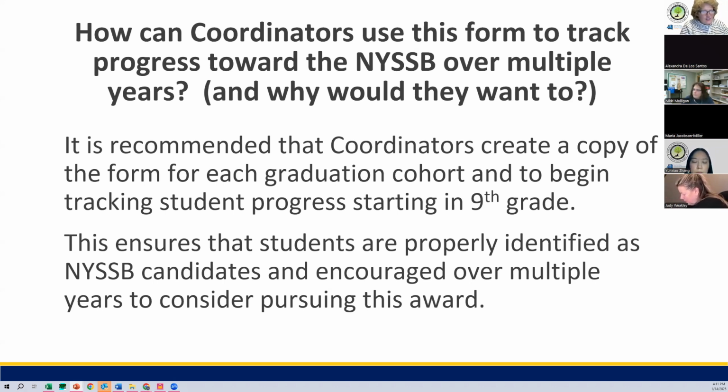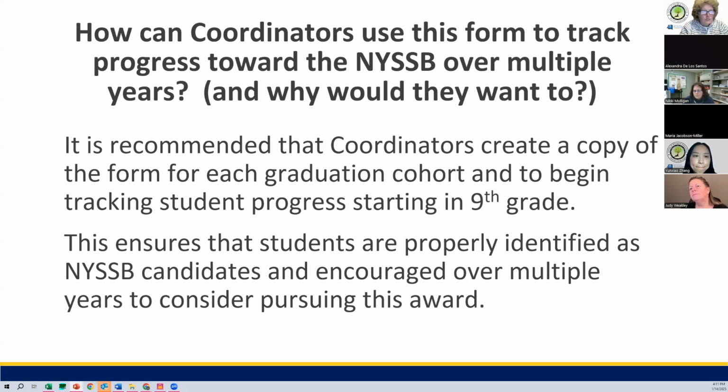What you could do is you could actually create a copy of the end of year data form for each graduation cohort. So I might label this year's as the end of year data form 2025, because that's when they're graduating. And I would track those students in that form. But I also can get data on this year's juniors.